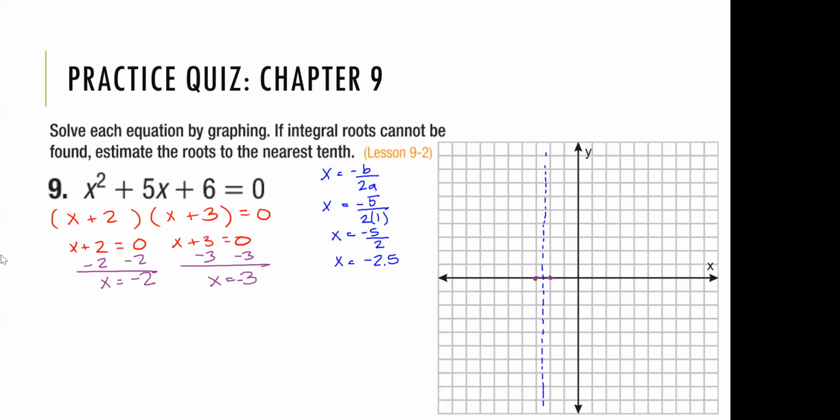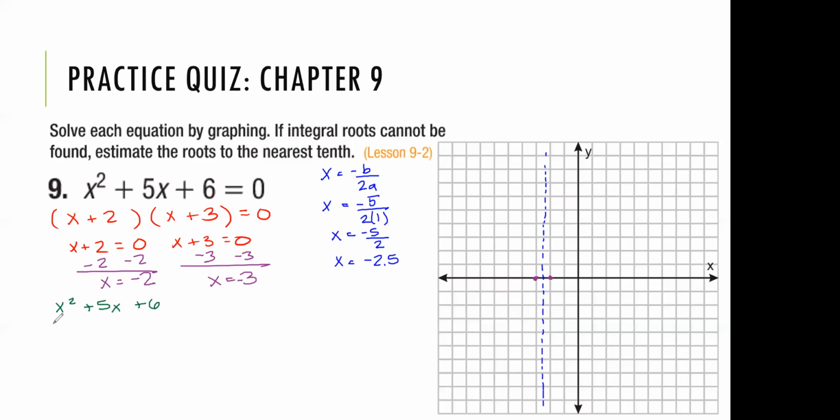Okay, and then the next thing I need to do is find my vertex, because I need to know where on this line is my vertex. So I know x is equal to negative 2.5, so I'm going to plug that into the original equation.